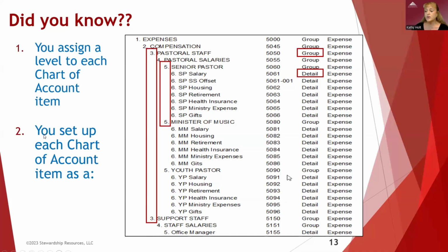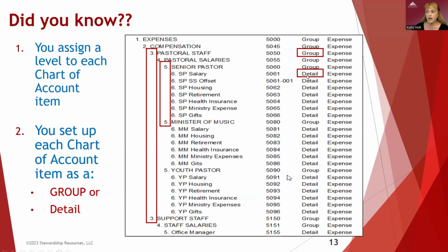Now each chart of account item you set up as either a group, and notice we have groups here, and the groups you cannot post amounts to. They're headings on a report. Now the default for your chart of account names for groups are all caps. And then you're setting it up as a group or you're setting it up as a detail.